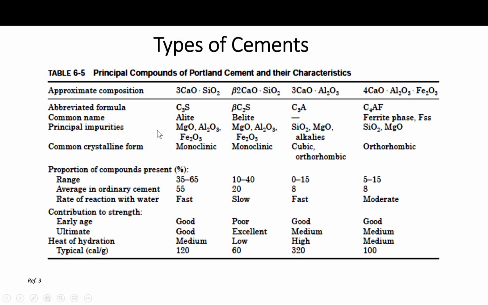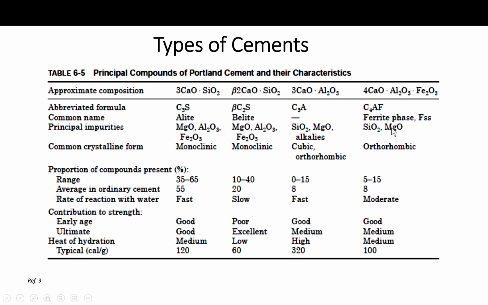The principal impurities within C3S, you will find magnesium oxide, aluminum oxide, ferric oxide. Same with the C2S, when of course it's called belite at that time. Impurities within the C3A, you will find silicon dioxide, magnesium oxide, and also alkalis.